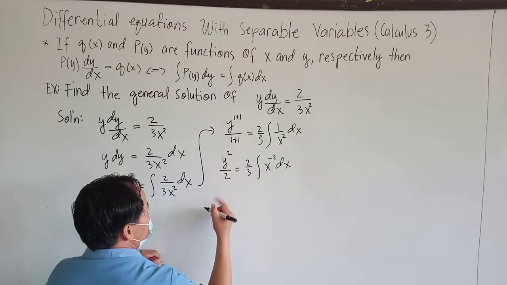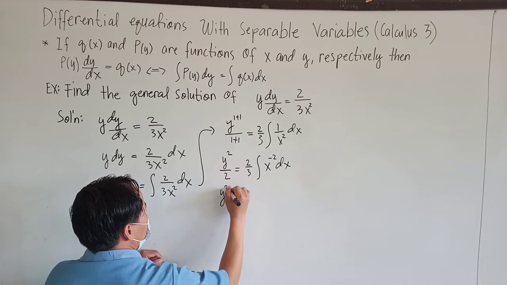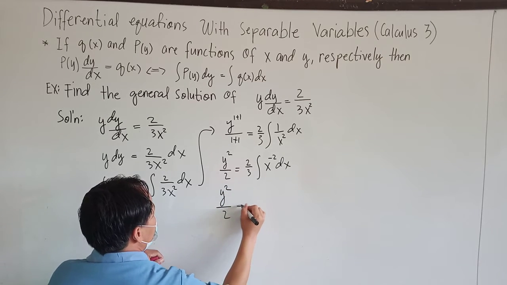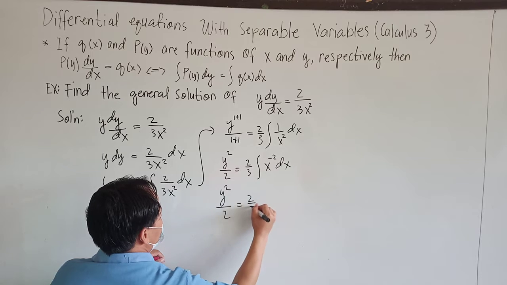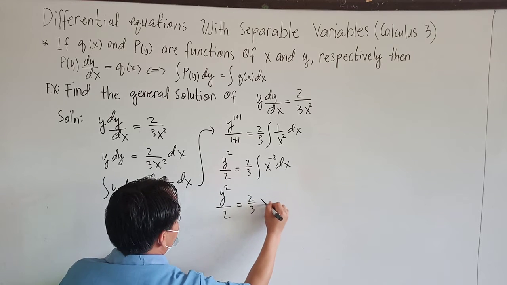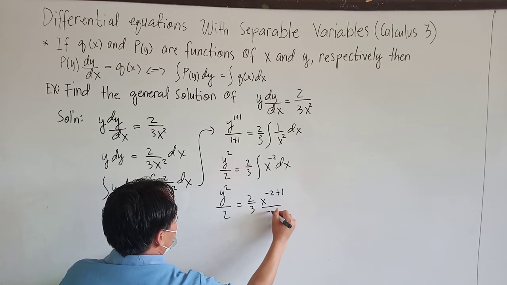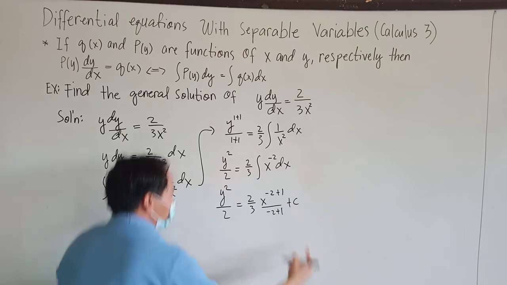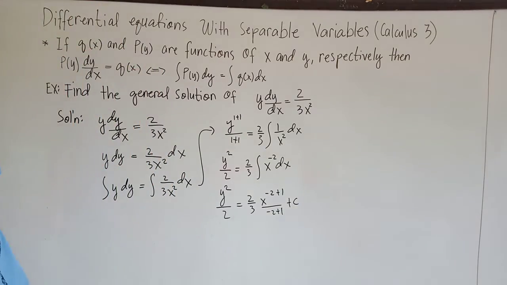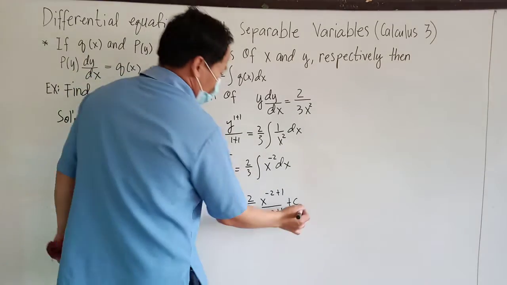Then this will become y squared over 2 is equal to 2/3 times the integral, which is x to the power of -2 plus 1 over -2 plus 1, plus c. Here c is referring to a constant. Then we have to simplify that.